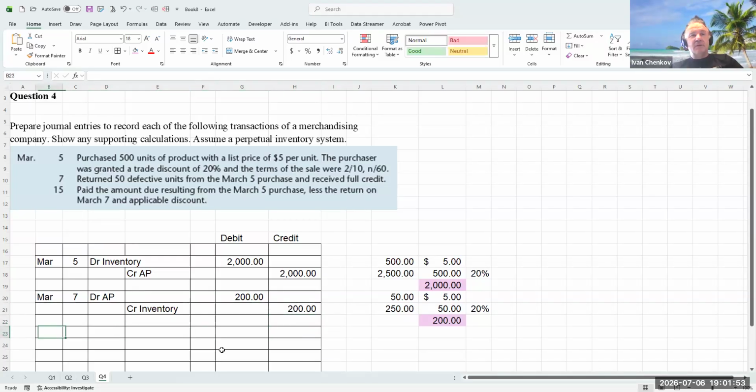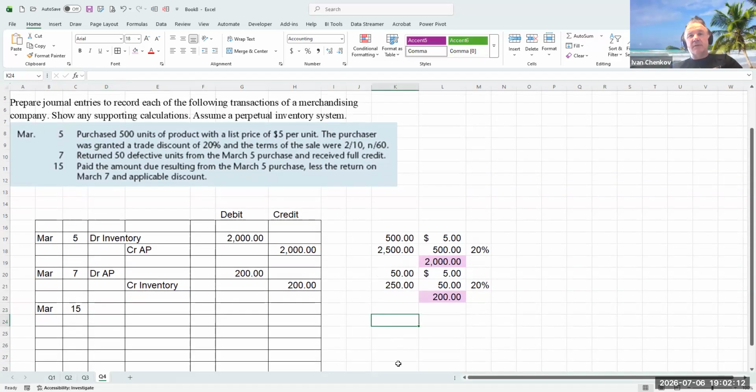Then we're going to March 15th, and we're paying. From March 5th to March 15th, that's exactly 10 days. So now we can take advantage of the 2% discount. How much will that be? First, let's see how much we have to pay. We have $2,000 accounts payable minus 200.